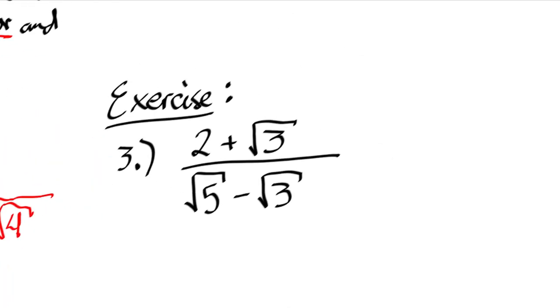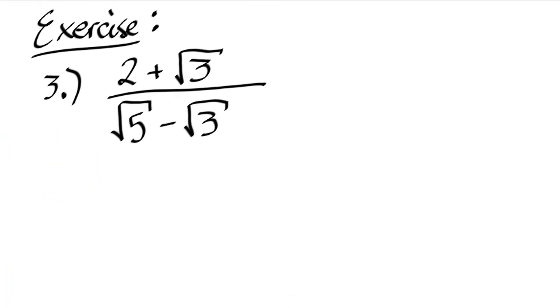As an exercise for number 3, we have 2 plus square root of 3 all over square root of 5 minus square root of 3. This will serve as your assignment.